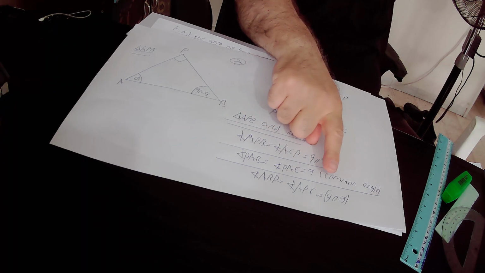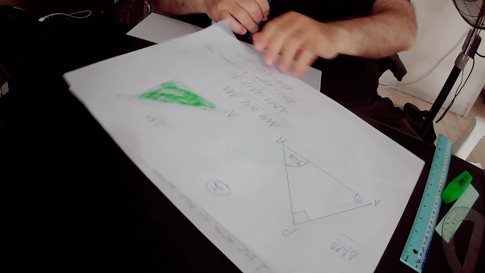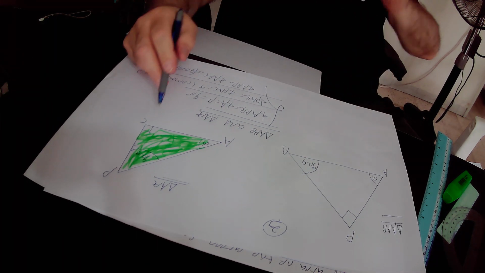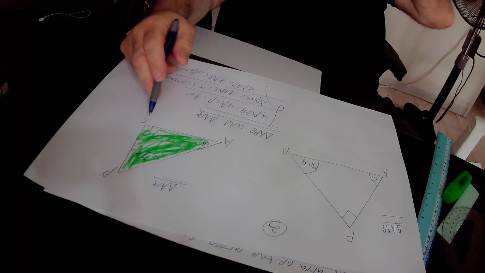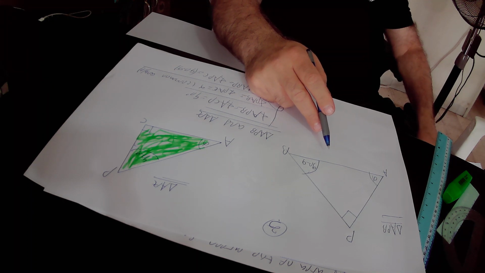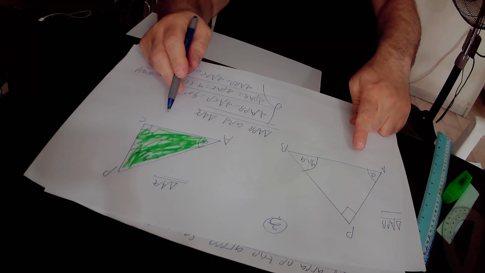They are both equal to 90 degrees minus alpha, therefore they are equal to each other. So we actually prove that all the angles of this green right triangle APC are correspondingly equal to all the angles of this white triangle APB. Therefore, those two right triangles are similar to each other according to the angle similarity rule.